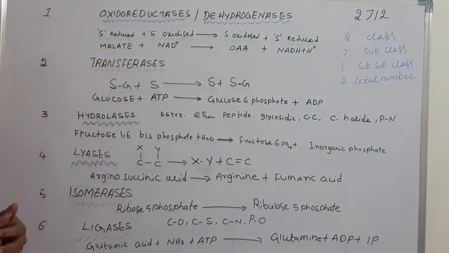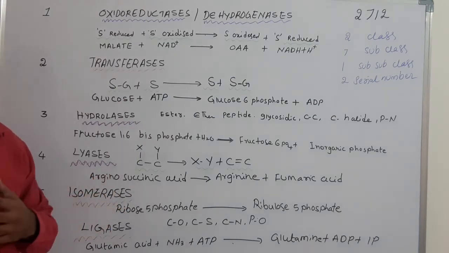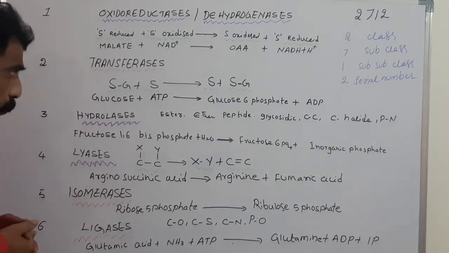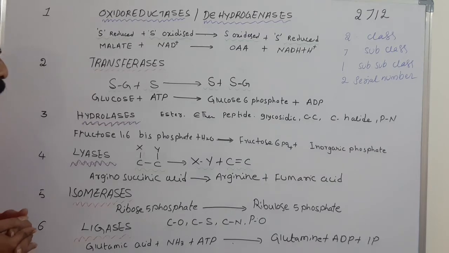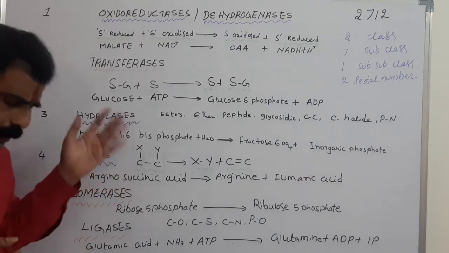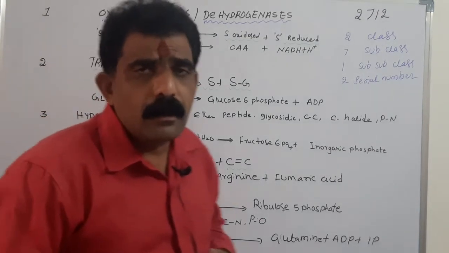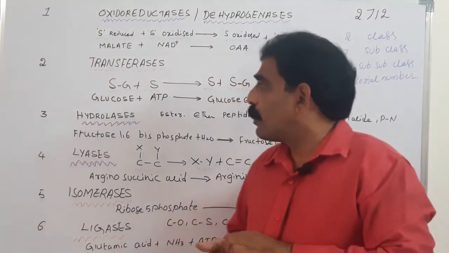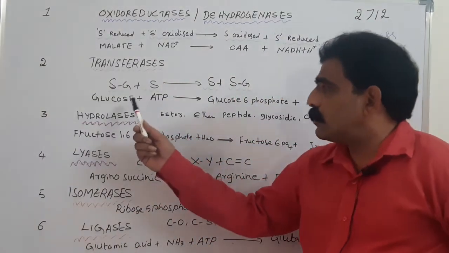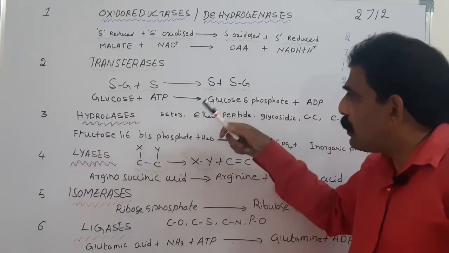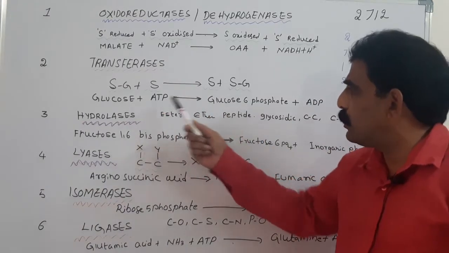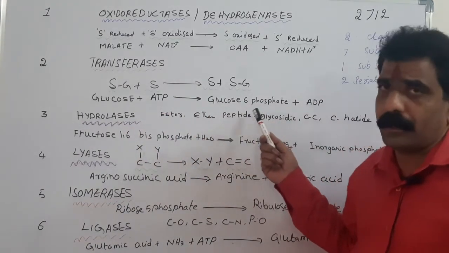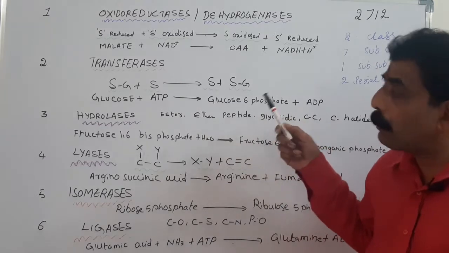This reaction takes place under the influence of the hexokinase enzyme. Already I have discussed this in glycolysis. This enzyme requires magnesium divalent ions for its enzymatic activity. So, glucose undergoes phosphorylation under the influence of hexokinase, resulting in the formation of glucose 6-phosphate and ADP as a byproduct.